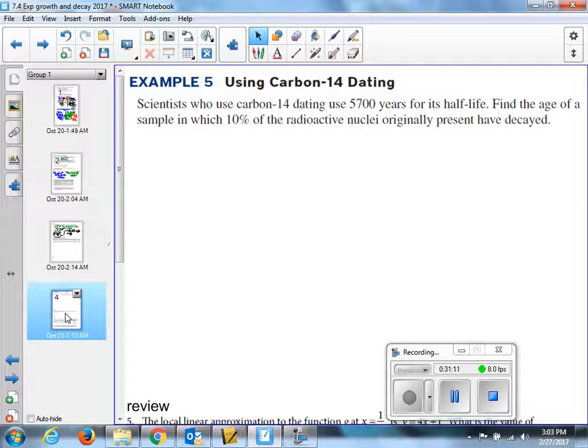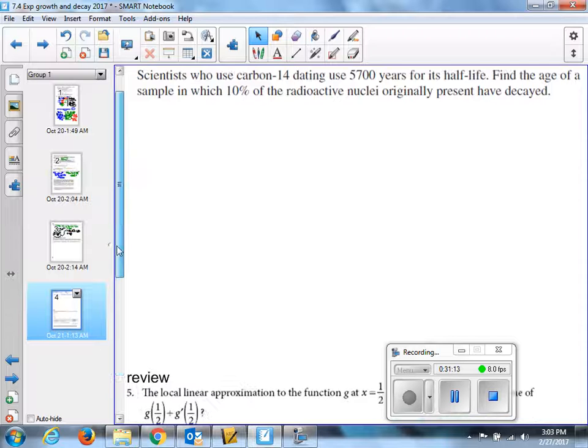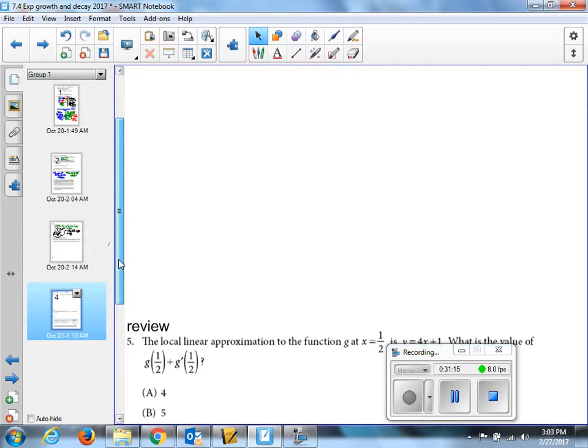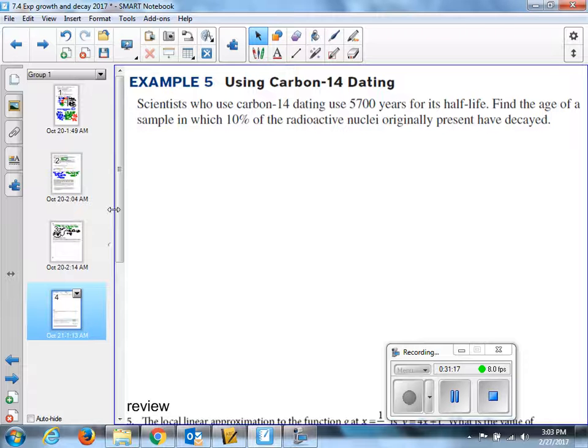We will play around with this, and then, yeah, carbon dating. And then we'll have this all wrapped up in one class and lots of time to work on these things.